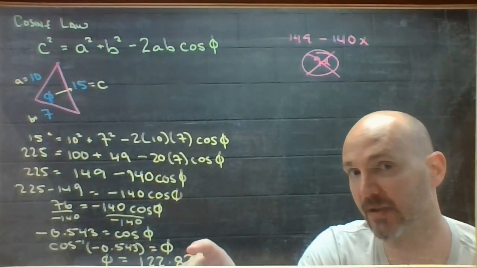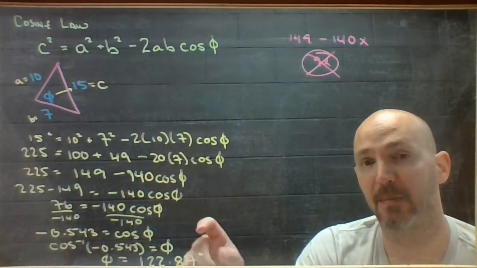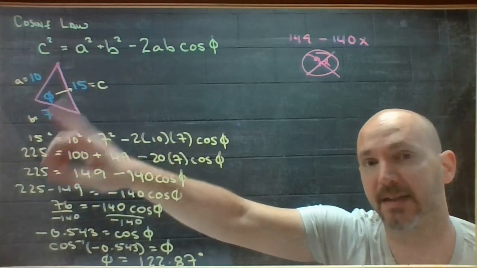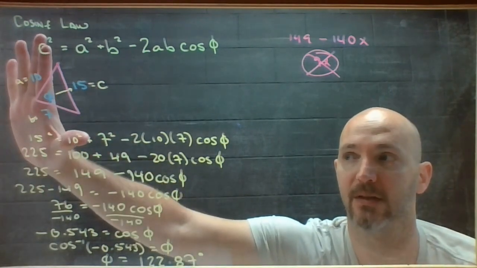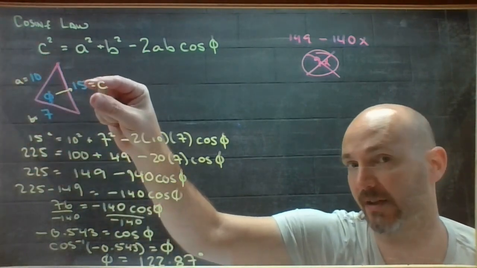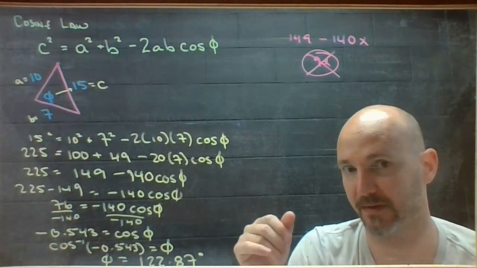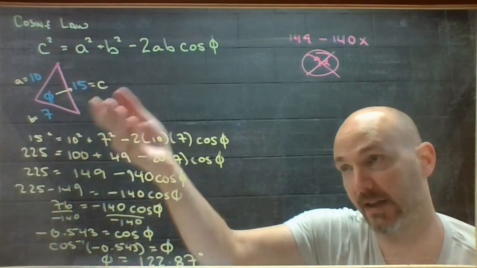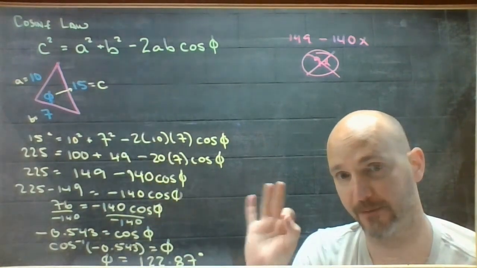So this has got to be the biggest one. And the biggest angle has to be across from the largest side. By definition, you can't make this really wide and have the side it generates be very small. So it's impossible. So in this particular case, the biggest angle is going to be across from the biggest side. So it all worked out.